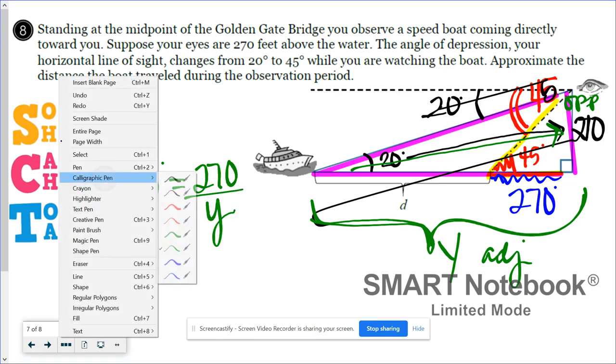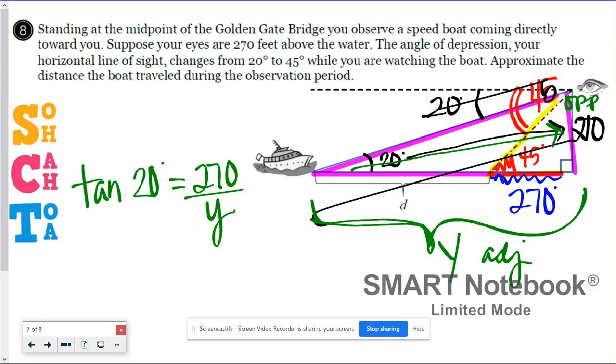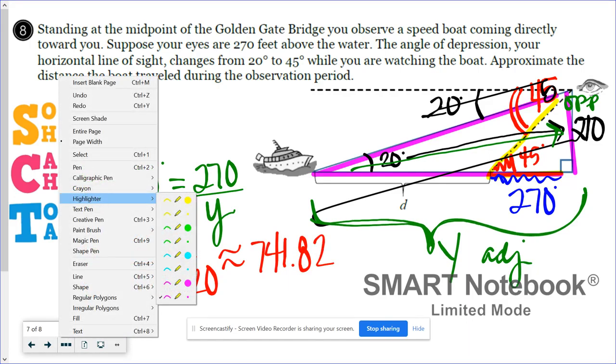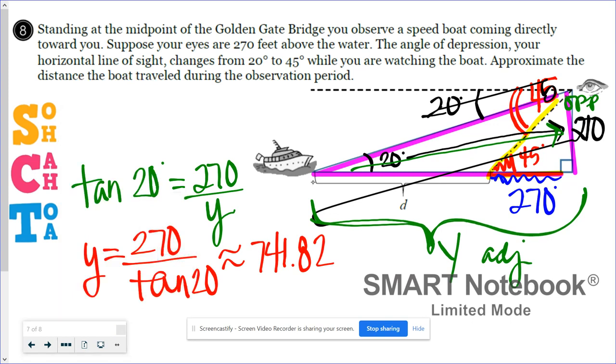And then I can do the algebra. So I can multiply both sides by y, divide both sides by tangent of 20, and ultimately get that y is equal to 270 divided by tangent of 20. And this is approximately 741.82 feet. Okay. And so that is representing the total distance from the boat to directly beneath my line of sight.